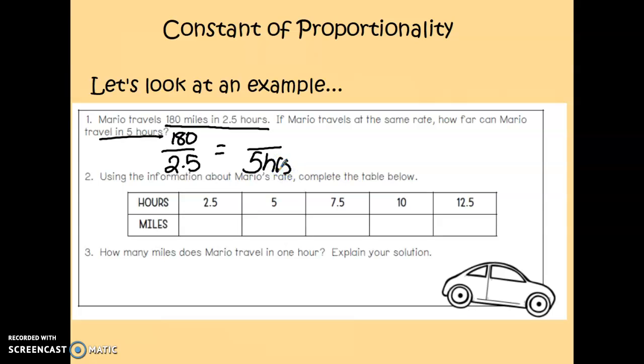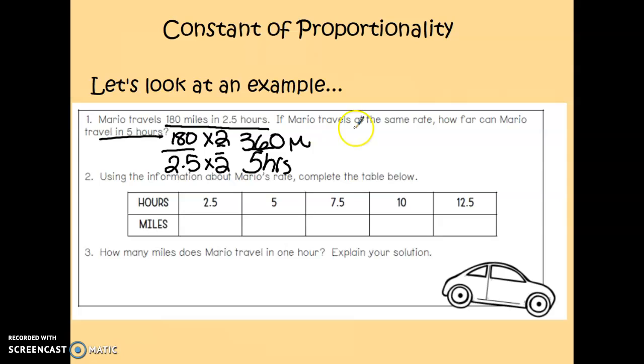One thing I can quickly see is that if I take 2.5 and double it, I get 5, which means I'm multiplying it by 2. You guys remember with equivalent fractions, we can do that, so long as we do it to the numerator as well. So if I take 180 and multiply it by 2, I get 360. So 360 miles in 5 hours.